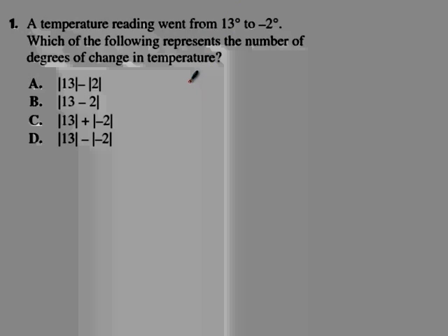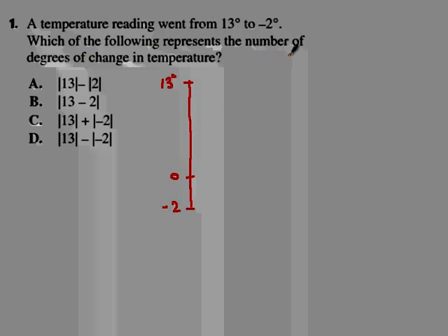So we have here a scale. Let's say this is our 13 degrees, and then 0 is somewhere here, and then you have -2.